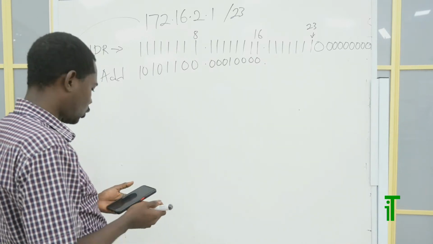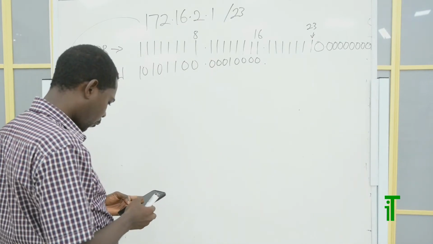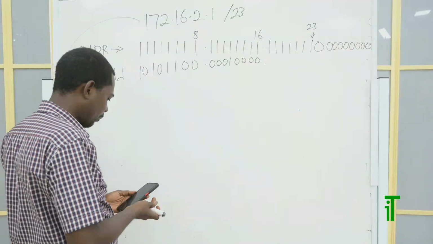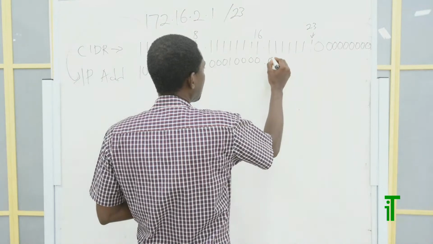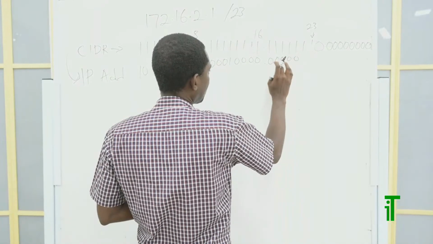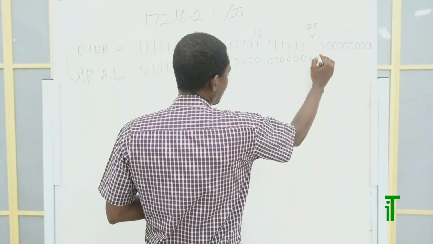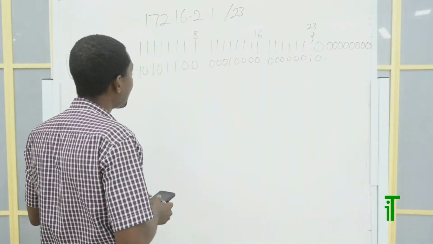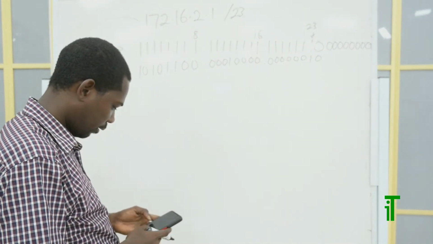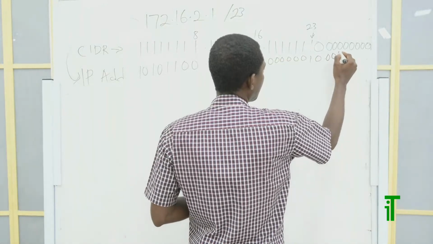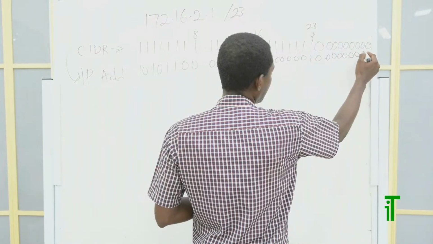Then we have 2, and when we convert 2 to binary, we have 00000010. Then when we convert 1 to binary, we have 00000001.